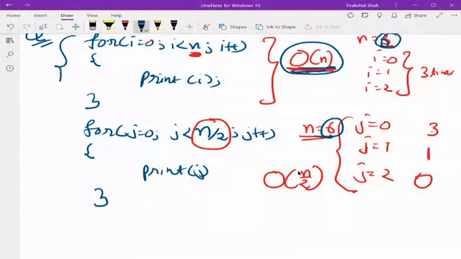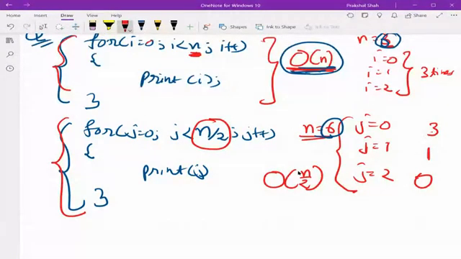Now these both statements are sequential ones. Now what do I mean by sequential? They are not inside each other, they are one after another. After I do my task with this, only then I'll start execution of this. So after this I have to do this. That is what sequential means.